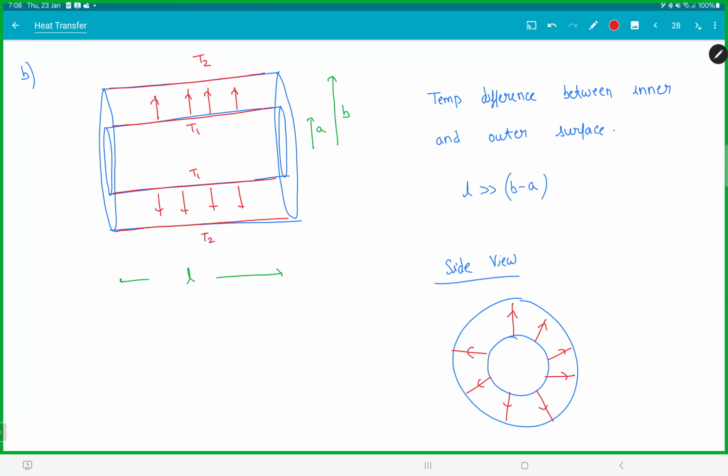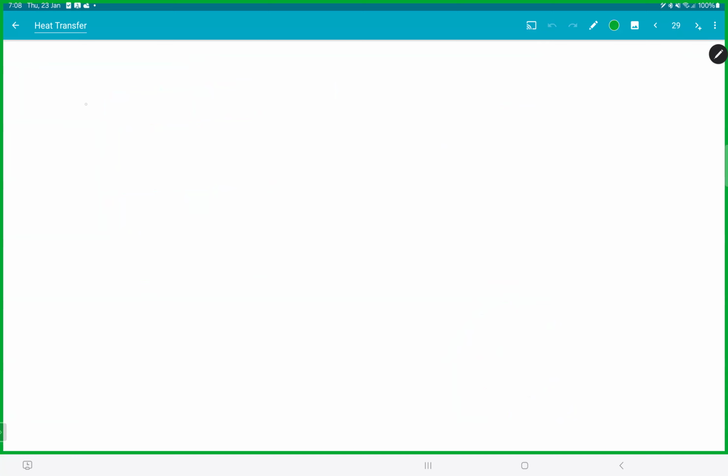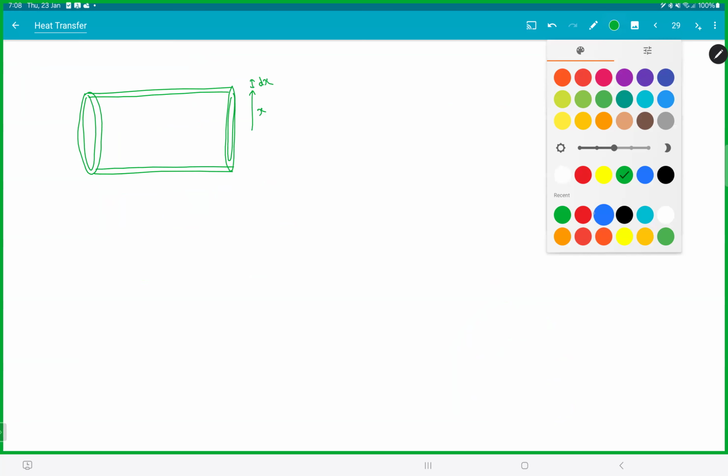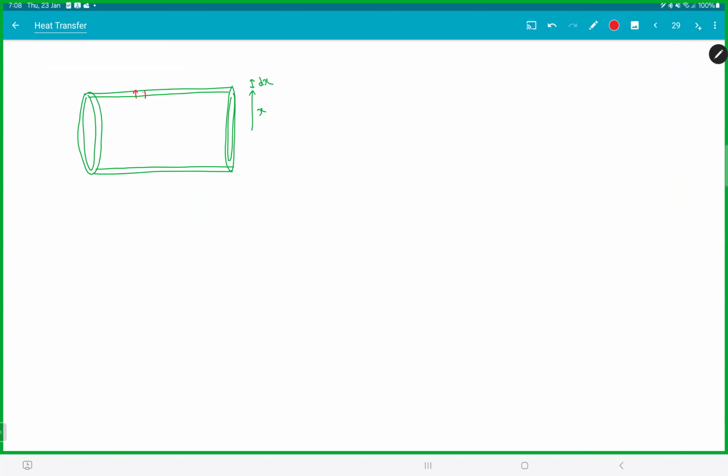A is not constant. So what we do, we take a very thin cylinder whose radius is x, thickness is dx. The cylinder is so small, we can assume the area is almost constant.